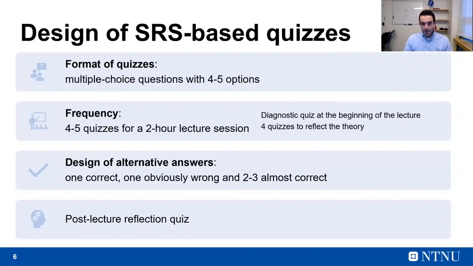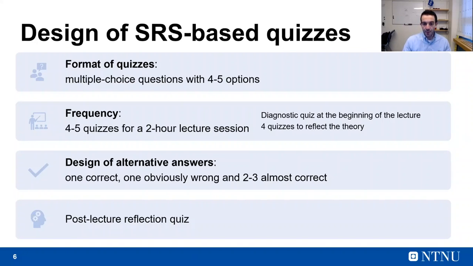So this slide shows how I implemented the quizzes and how often I presented the quiz in class. First of all, I use multiple choice questions for these in-class SRS-based quizzes. Each of these multiple choice questions had 4 or 5 options. In a 2-hour lecture, I usually presented 4 to 5 quizzes on average.